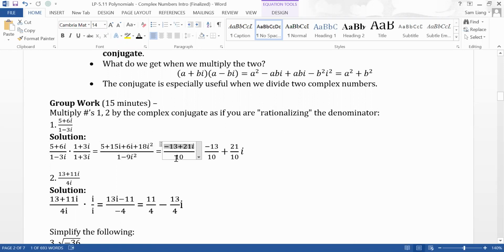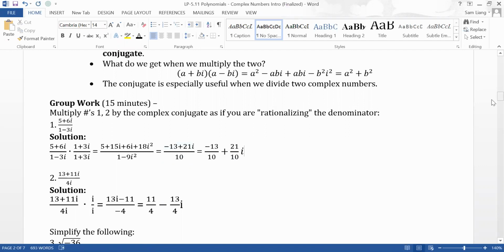So it'll be 1 plus 9, which is 10. So we get this expression, negative 13 plus 21i divided by 10. And if you write that in a plus bi form, as you'll see on the homework, those are the directions. So just to be consistent with that, we'll have negative 13 over 10 plus 21i over 10. That's your answer for question 1.